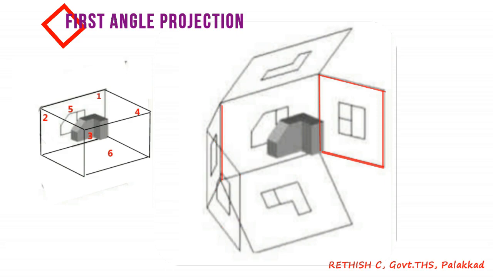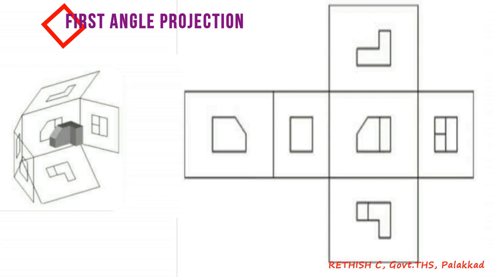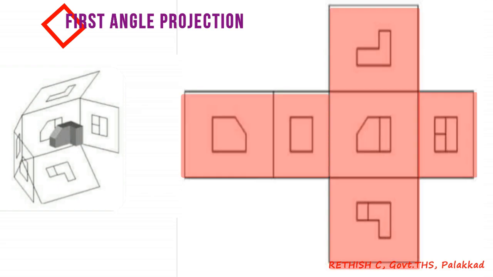The top side can open upwards. Obviously, the lower side can open downwards. Then we are going to open the box completely and we can assume that it is stuck on a wall. Then we can have our layout of 6 views like this.